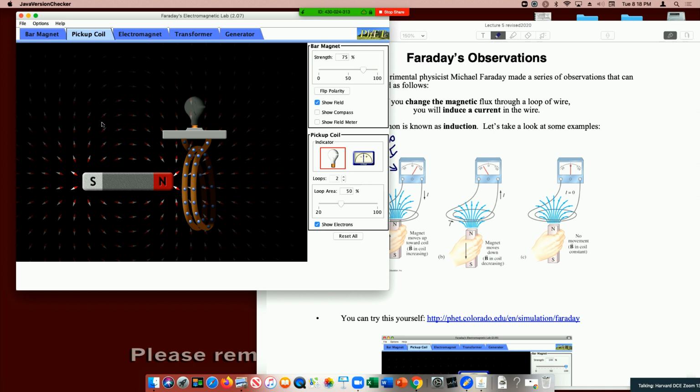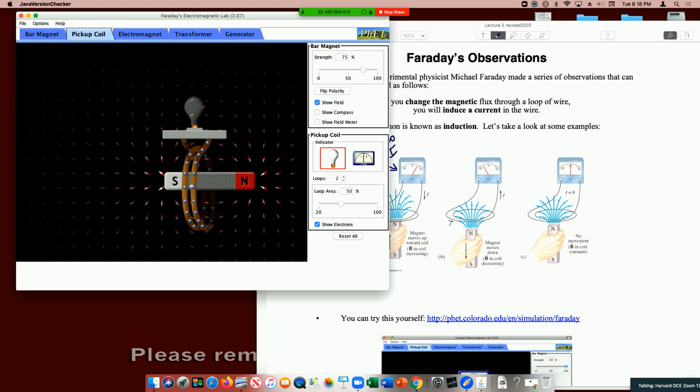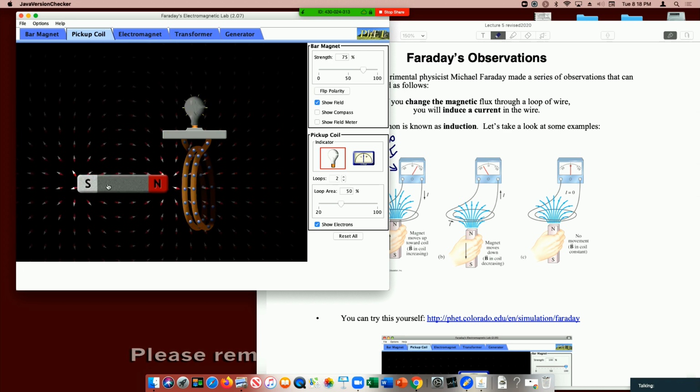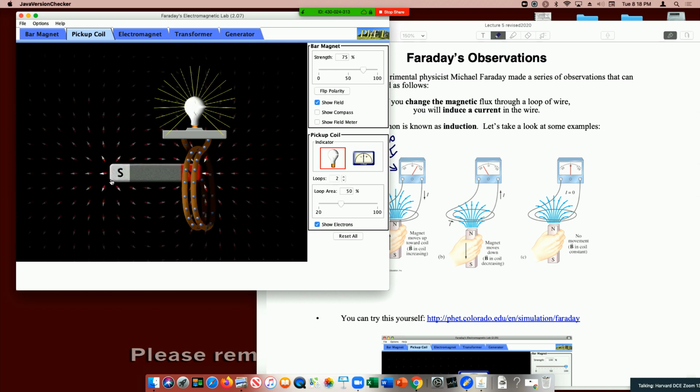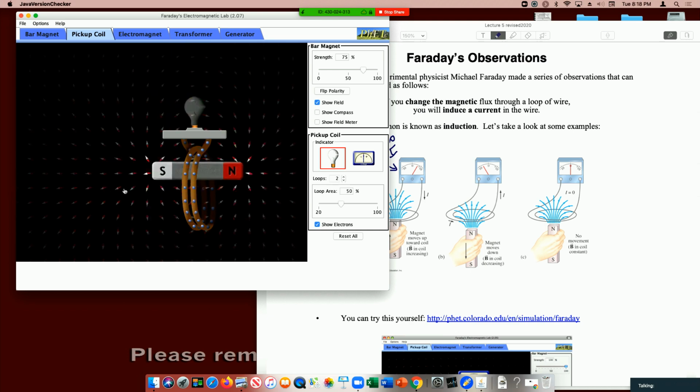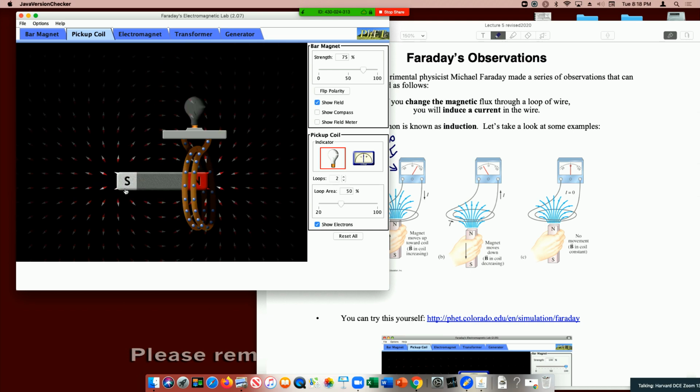You can download it and play with this. It's basically a coil of wire, not connected to a power supply at all. It's just a simple wire coil connected to a bulb. And here I've got a magnet. If I move the magnet relative to the coil, you can see that I induce a current in the coil, and that lights up the bulb.